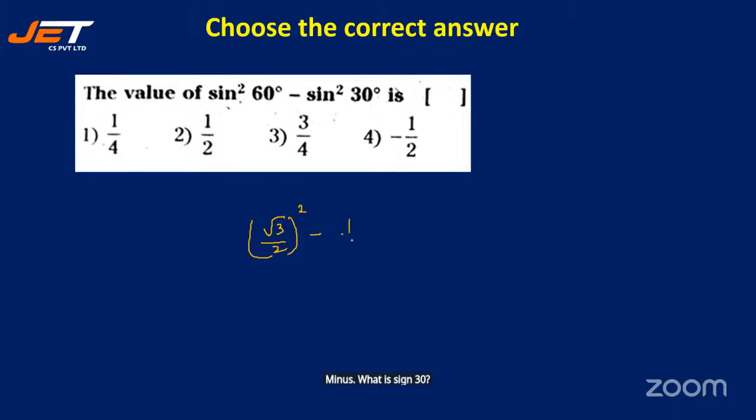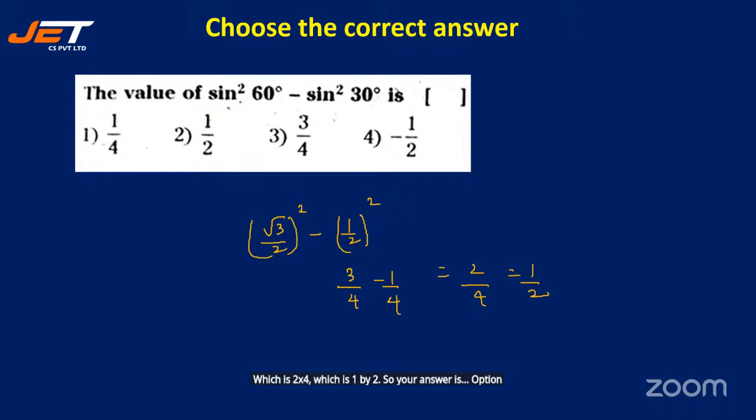It is 1 by 2. So 1 by 2 the whole square. So root 3 into root 3 is 3 by 4 minus 1 by 4, which is 2 by 4, which is 1 by 2. So your answer is option 2. Okay, students, it is 1 by 2.